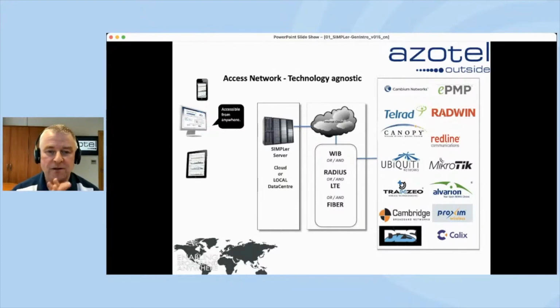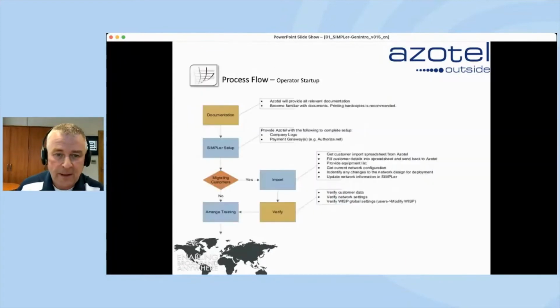All that comes back so that the CSRs looking at the information see a single set of information, and the fact that it's delivered through a different access technology is pushed down, available to be popped onto from the SIMPLer platform itself. But SIMPLer is the key that links all of the different access technologies together and is the platform on which the business runs ultimately.